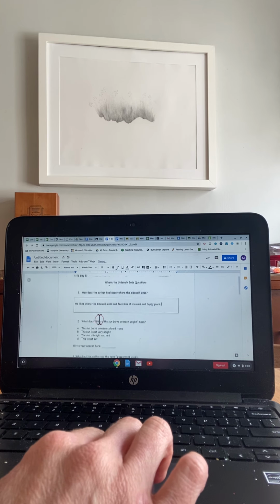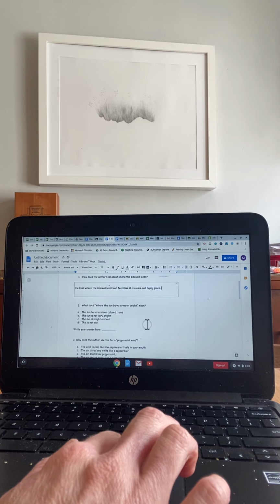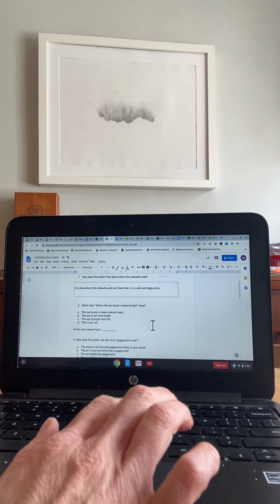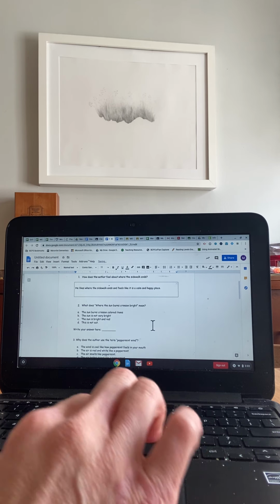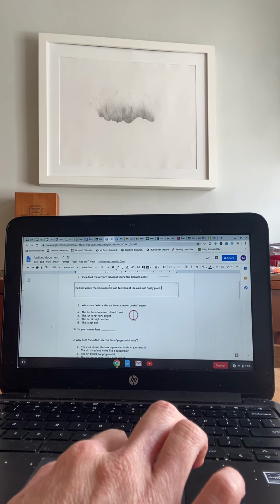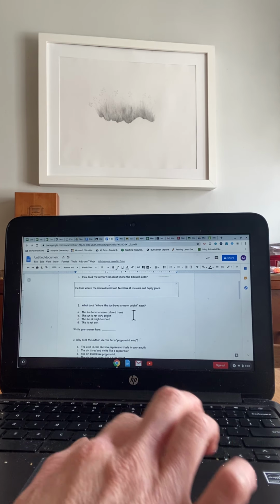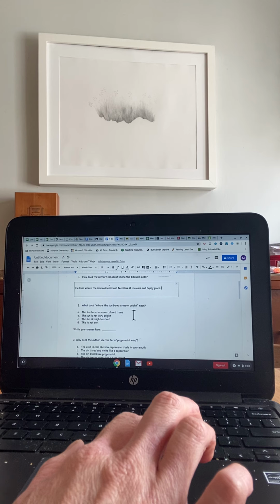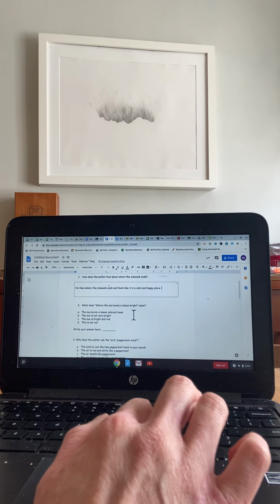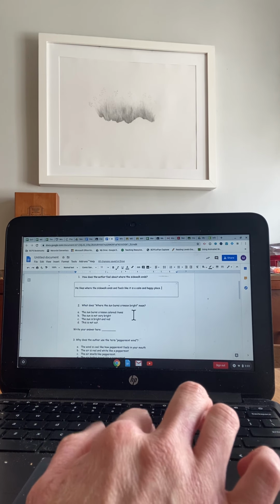Okay, so the next part says, what does where the sun burns crimson bright mean? Does it mean A, the sun burns crimson colored things? Does it mean B, the sun is not very bright? C, the sun is bright and red?